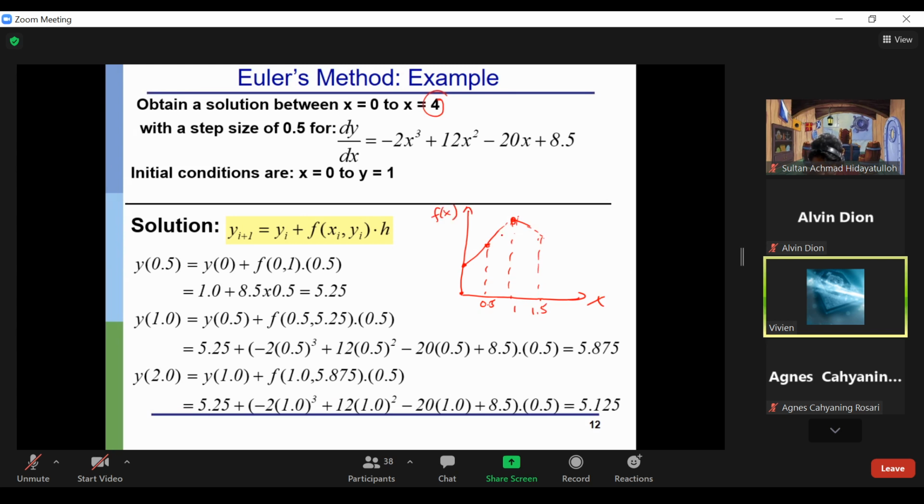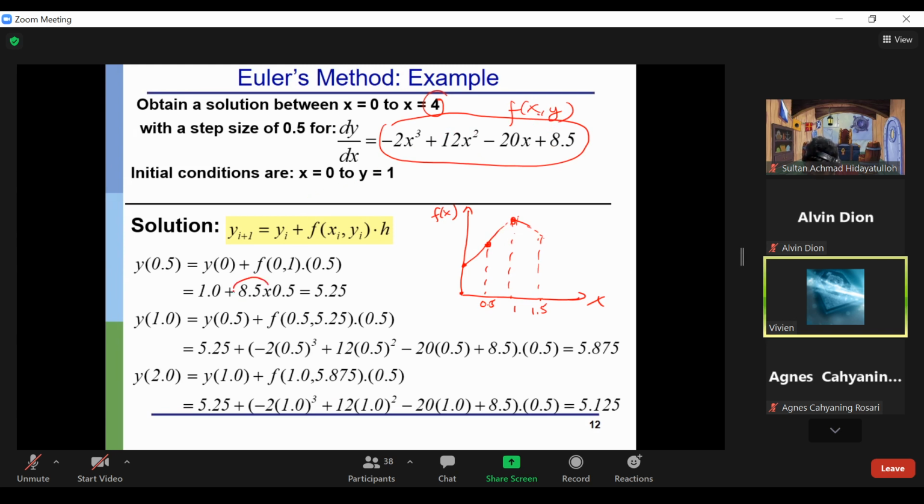So we see here that when we want to calculate y at 0.5, that will be equal to y0 plus the slope. So all of this here is f(x, y), which is the slope. Now in this case, the right hand side is only a function of x, so it's not a function of y. So when we have the x value, we can insert that directly.